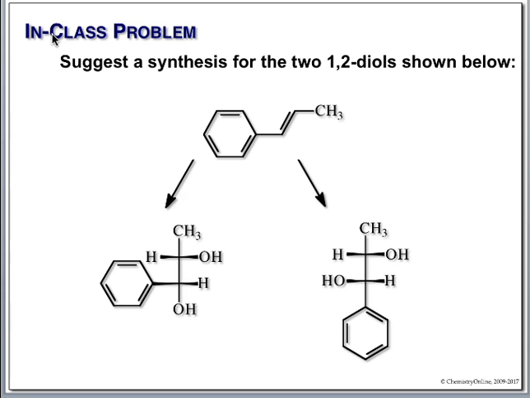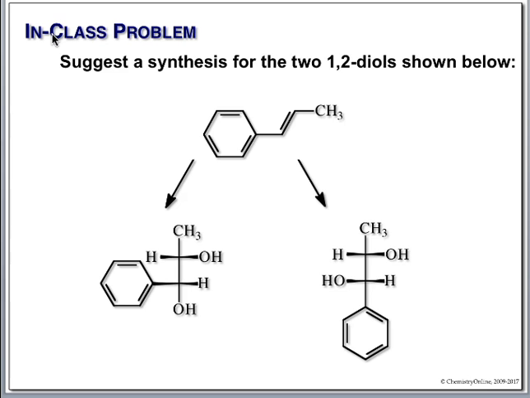All right, the key question here is, what is the relationship of the two hydroxyl groups to each other? Are they cis or are they trans? I mentioned just a little bit ago that if we had alkaline permanganate, we would make a cis 1,2-diol.